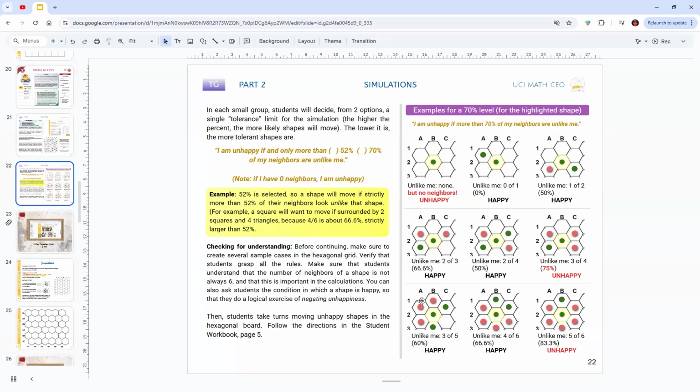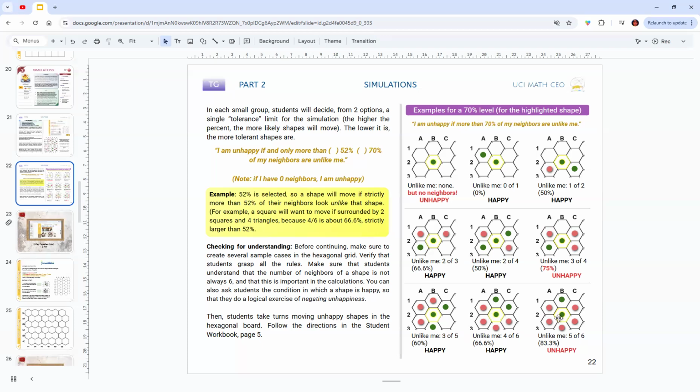Now with 5 neighbors, if you have 3 out of 5, that's 60%, you're happy, you can tolerate it, you're not going to move. And then in the case where all these hexagons are filled with neighbors, so you have 6 neighbors, even if you have 4 that are not like you, you would be happy.